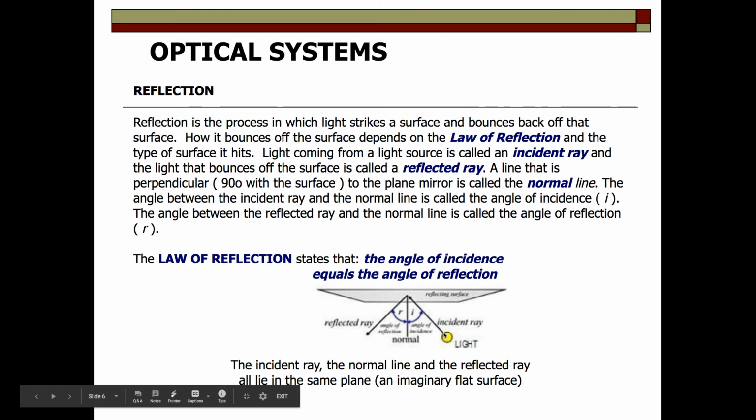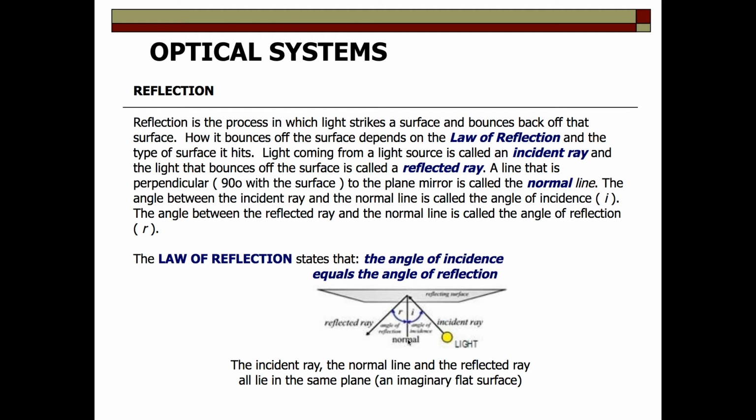Light is emitted, this is your incident ray. And what we have in between the reflected ray and the incident ray is the normal line. The angle between the incident ray and the normal line is the angle of incidence. So this is the angle of incidence right here.